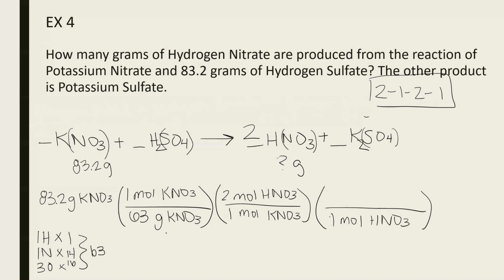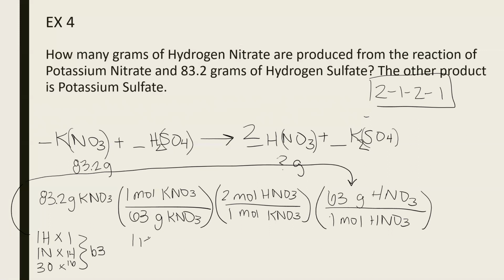Wait, am I good? Oops. I messed this up, guys, sorry. Sorry, I was copying my notes wrong. That goes here. Hopefully you caught that and you're like, what the heck is she doing? That's my unknown molar mass. My known molar mass, I have 1K, 1N, 3 O's.